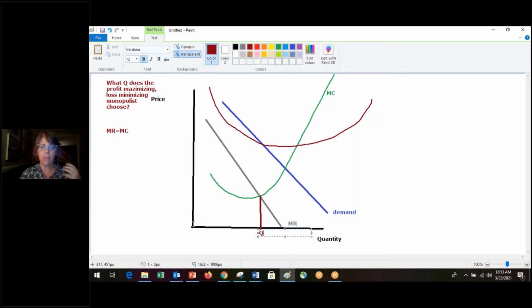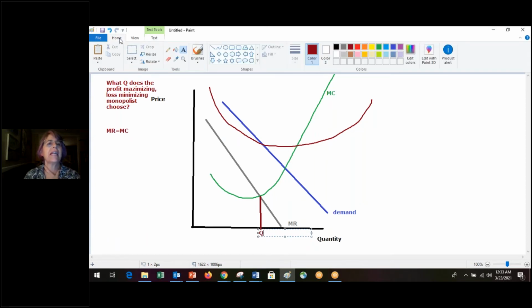So given the demand, first you start with the Q, and then you find the P. The way you discover the price, and a lot of economists would say it this way, is you take this Q and draw it up until you hit the demand curve.